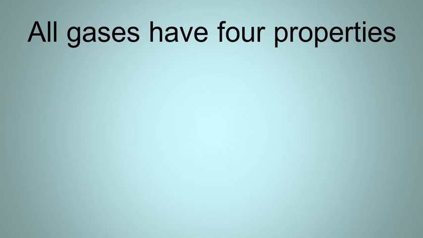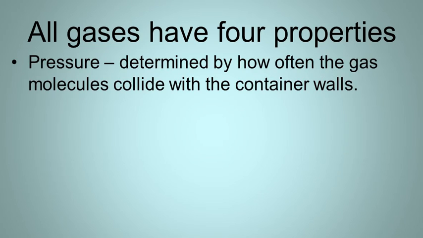Now, the first thing that we can look at or measure in a gas is its pressure. And the pressure is sometimes measured in atmospheres, although it can be measured in pascals or kilopascals or millimeters of mercury or psi. And pressure is basically just determined by how often the gas molecules are colliding with the container walls.